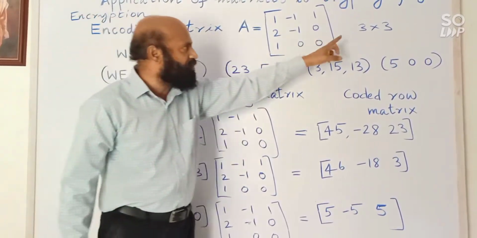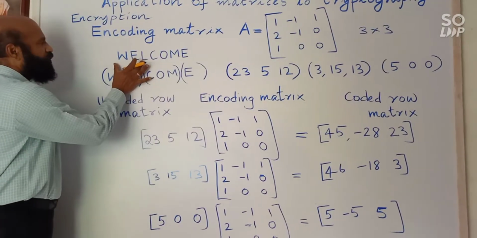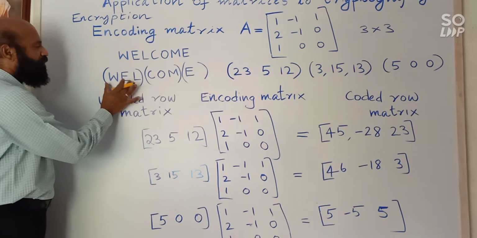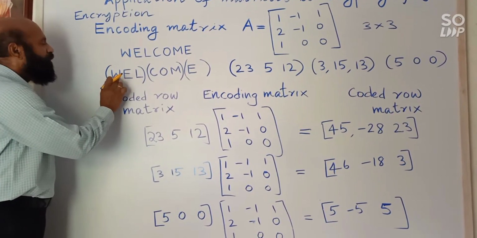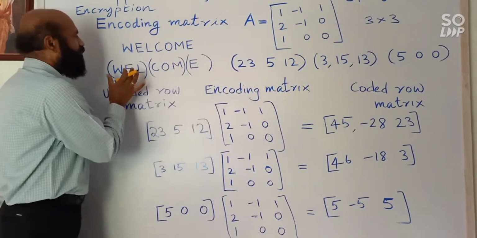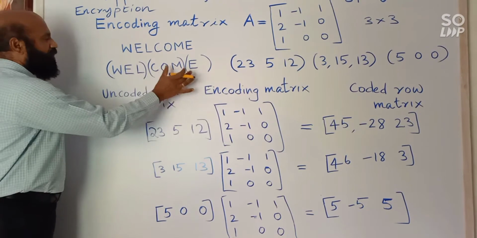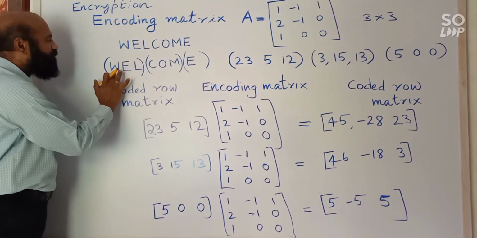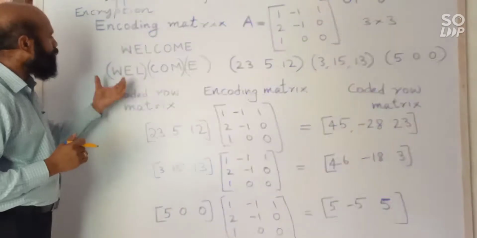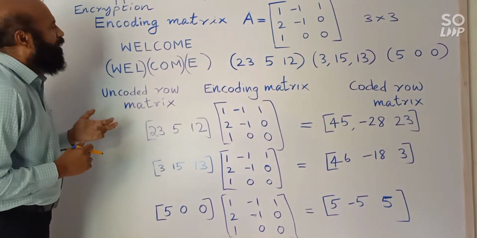Since we have selected a 3 by 3 square matrix, the given word is cut into pieces, each containing 3 letters: Wel, com, then the last letter E.